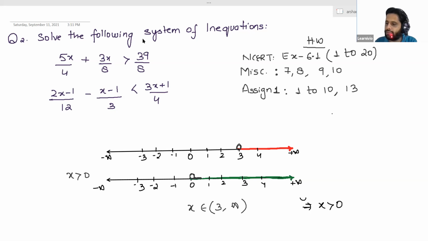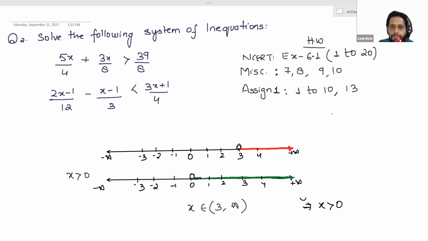Can you open your NCERT and check page number 132? If anyone has a doubt in the homework, then they can open the NCERT and check page number 132. So in miscellaneous, you need to do right now question number 7, 8, 9, and 10.